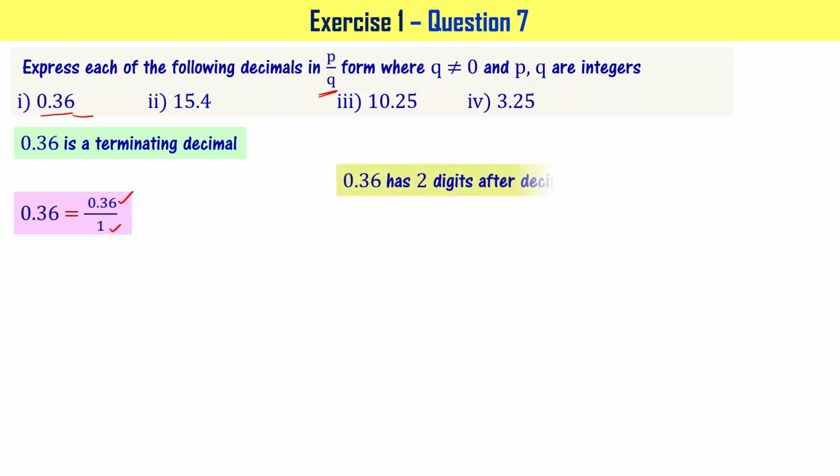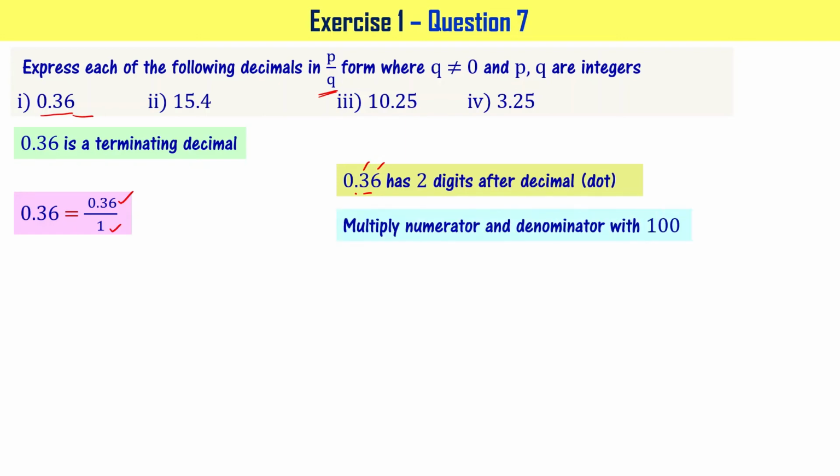After the dot we have 2 digits, 3 and 6, so you multiply both the numerator and denominator by 100. There are 2 digits, that's why we have 100, which has got 2 zeros. It can be written as 0.36 times 100 divided by 1 times 100.